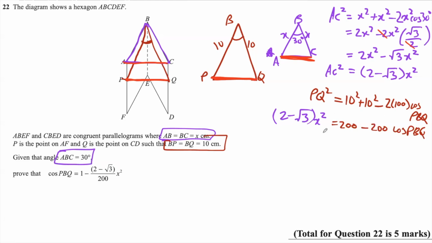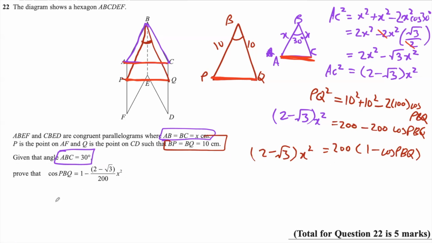Okay, so now we're not very far from our solution. To get cos of PBQ, let me just factor out the 200. So 200 times 1 minus cos of PBQ. And on the right side, we have 2 minus root 3 in the bracket and x squared.